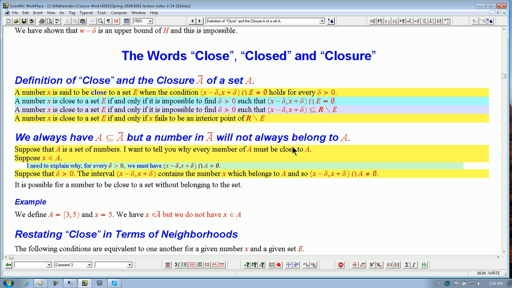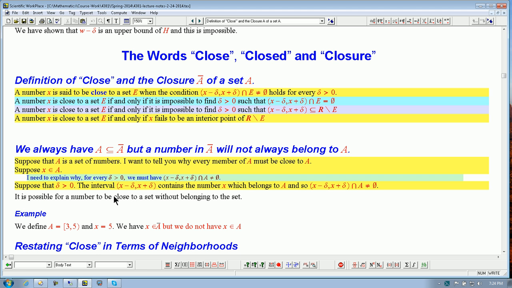I forgot to give it to you. The set of all numbers that are close to a set A is written as A bar. I forgot to tell you that.